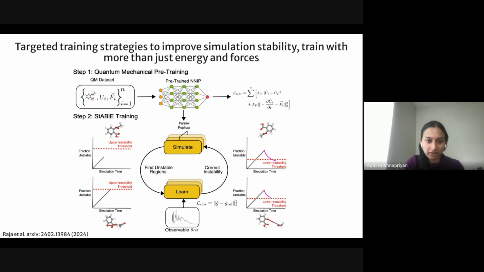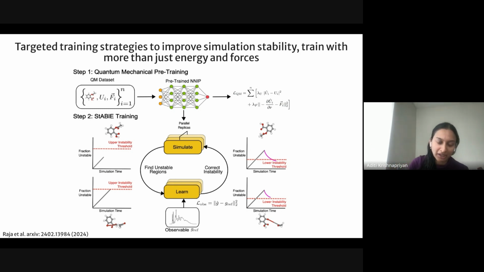And once you find that there are a lot of instabilities, you can then fix this by training to other types of observables. So you could, instead of training just to energies and forces, train to other properties that you might compute after you actually run a simulation. So we run MD simulations and compute observables from that trajectory.